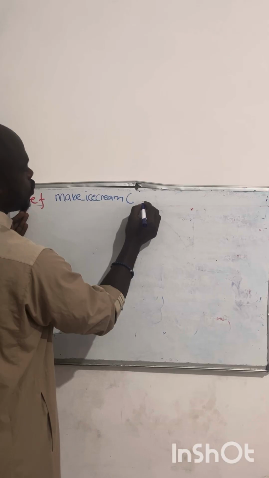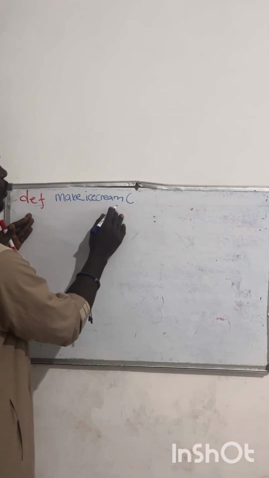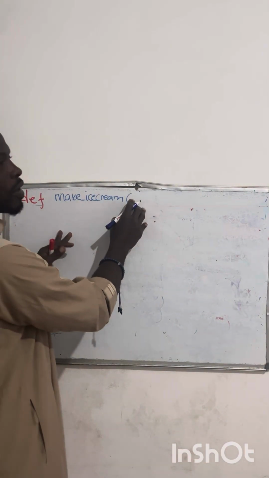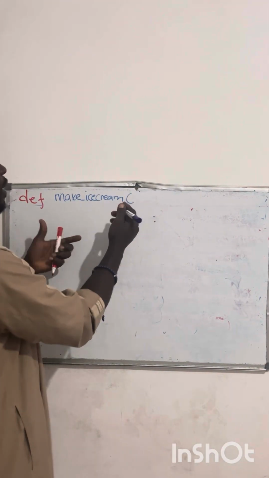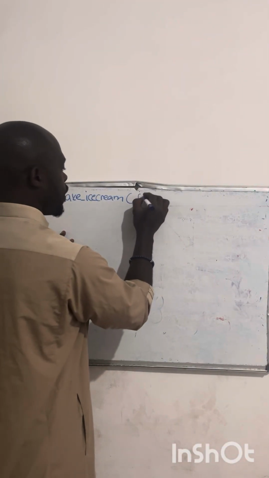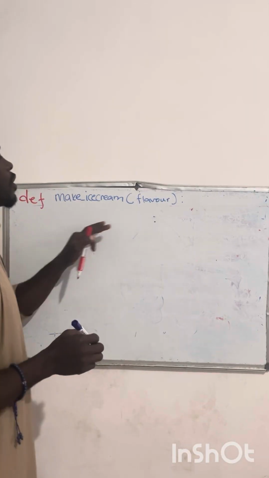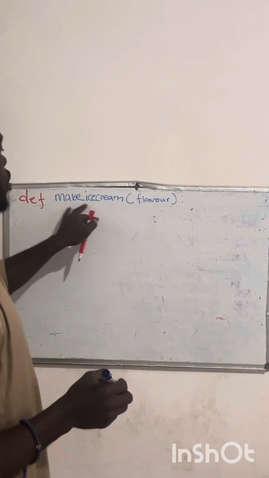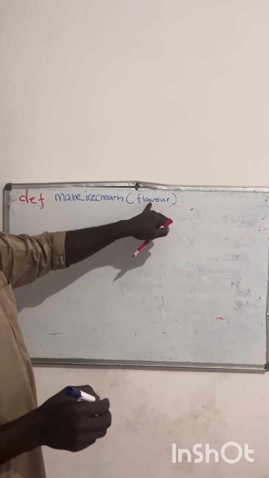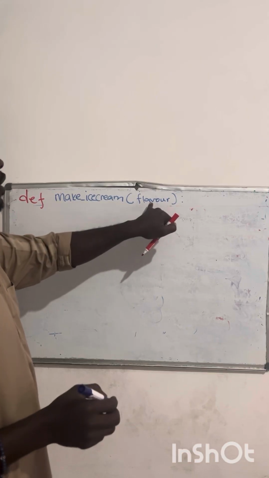So this is going to be our function def, the function name make ice cream, and inside the parentheses we are going to put a parameter, and we are going to call it flavor. So our function is going to print ice cream, and we have given it a parameter of flavor. So this is at function definition.